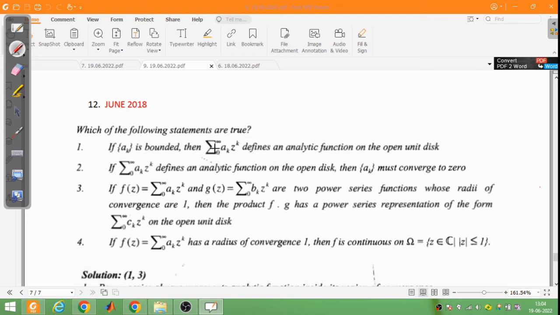Is it Liouville's theorem? A bounded entire function is constant. So option 1 is true. Are you clear?